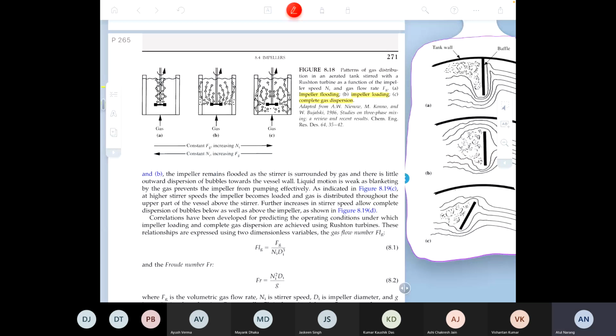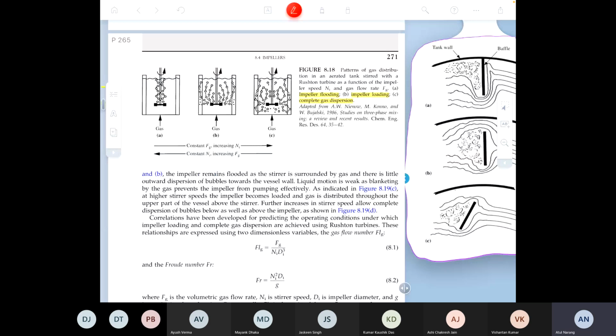What this figure is showing is that, starting from the right, if you have a relatively low gas flow rate, that's the picture you have. Well, let's start from the left actually. Let's say you have a very high gas flow rate and a very low impeller speed.